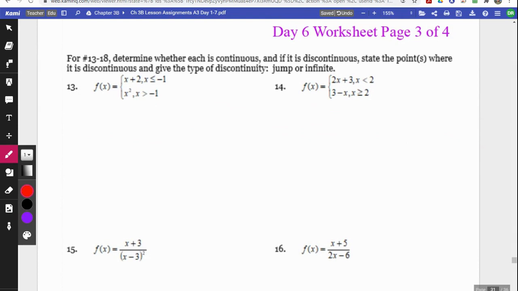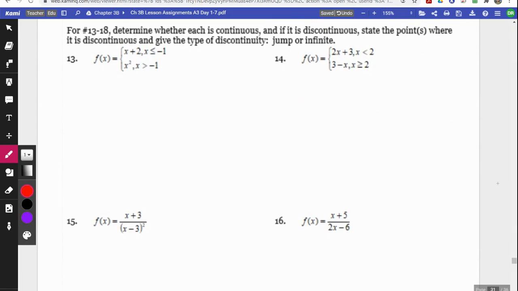All right. Try to do one of these, maybe two. One quick way for a piecewise function to see if it's continuous is to directly plug in the point of discontinuity, if there is a discontinuity.